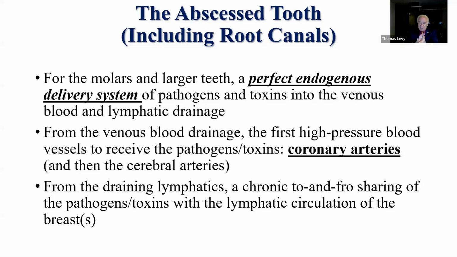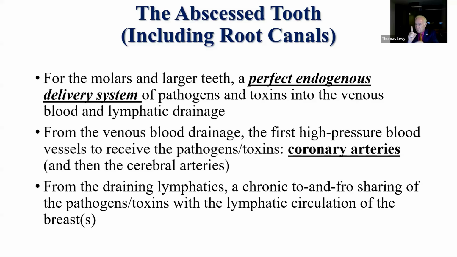So once these go into the veins draining the teeth, the veins are low pressure. So they don't have any reason to settle into any artery because they're just floating along. Nothing is pushing them anywhere. But once the venous blood goes into the pulmonary circulation, which is still low pressure, and comes down to the left atrium of the heart, which is low pressure, it then goes from the left atrium into the left ventricle, which is super high pressure.